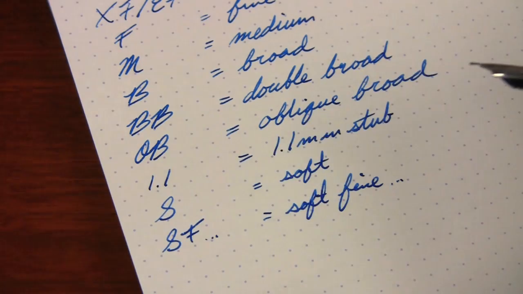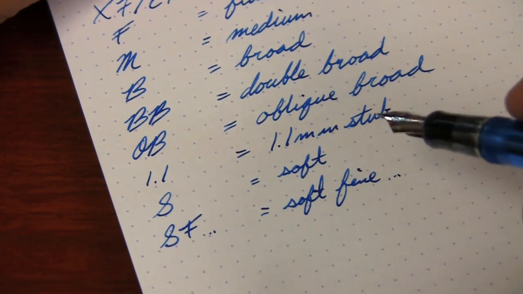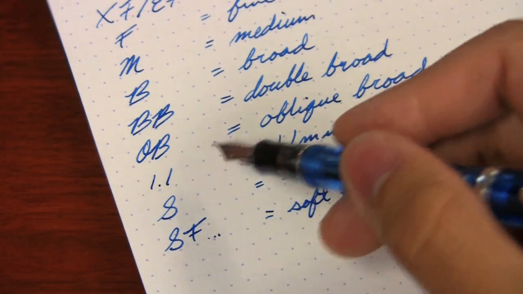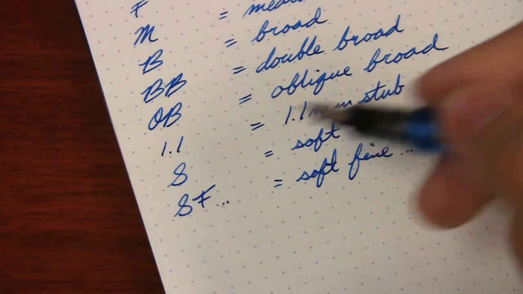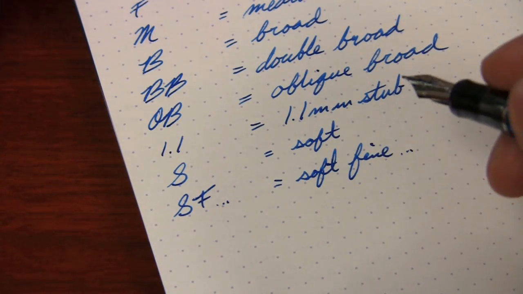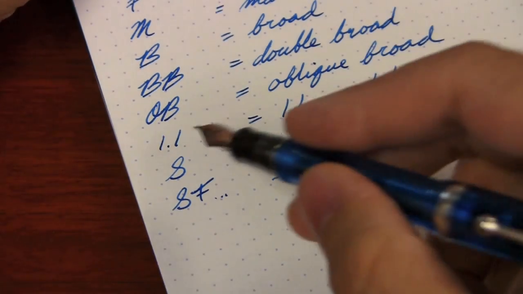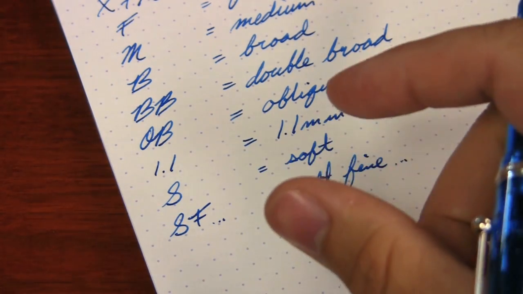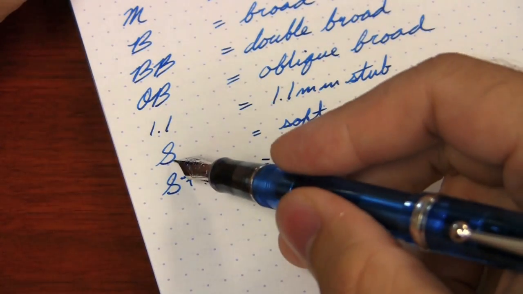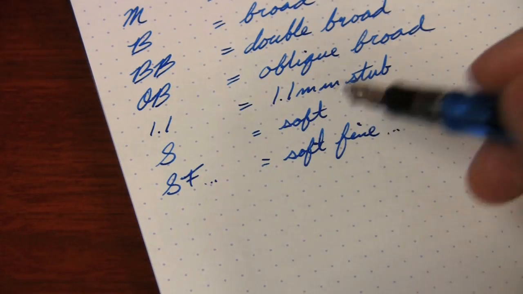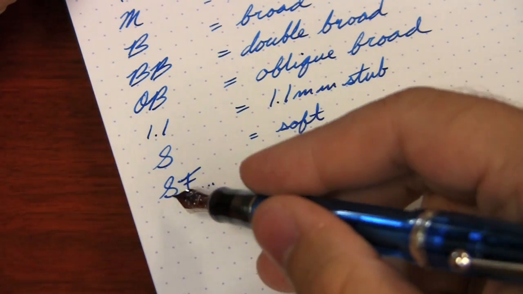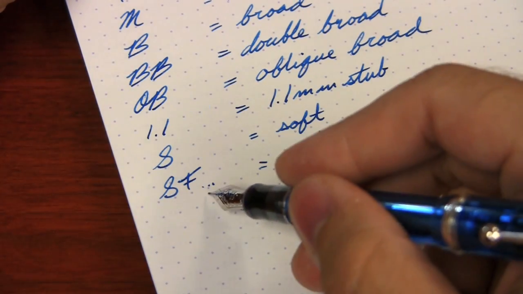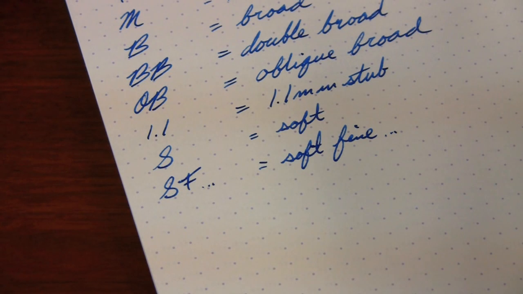So 1.1 is a very common size for stub nibs, so it would say 1.1 usually. Or it could say ST, that's another designation for stub. But if you have a 1.5 or a 1.9, you're getting wider for your stub. S designation means soft. It has a little bit of flexibility to it, so SF would be a soft fine, SM, soft medium, and so on.